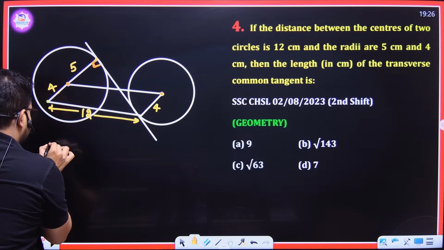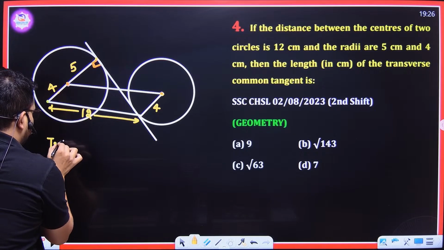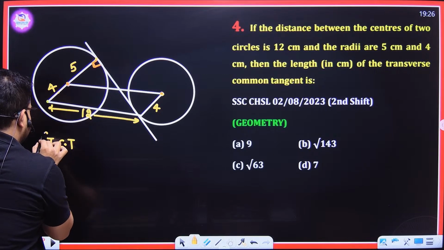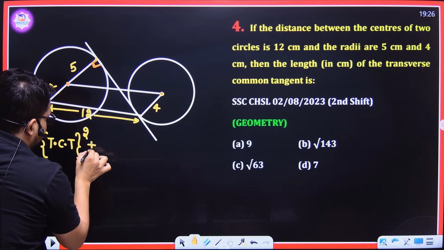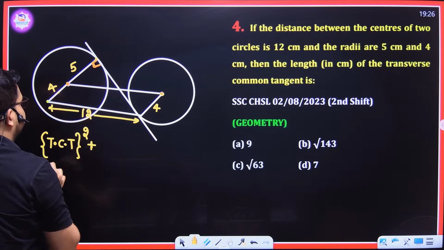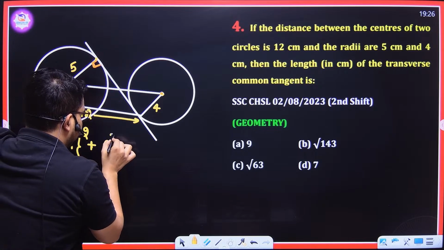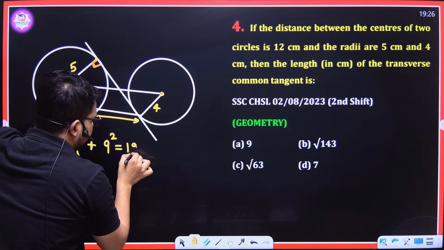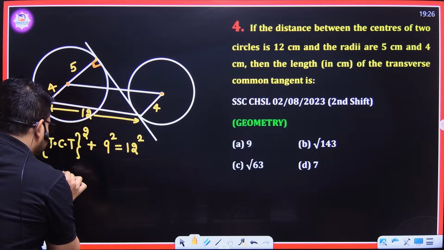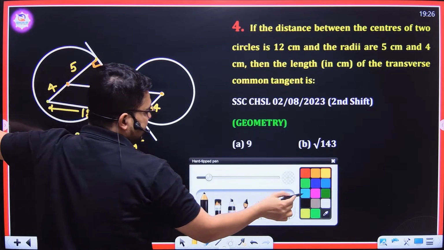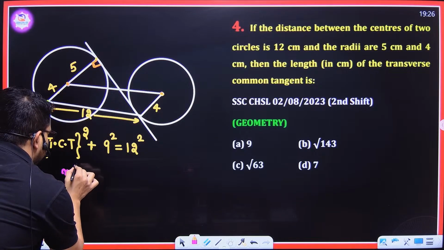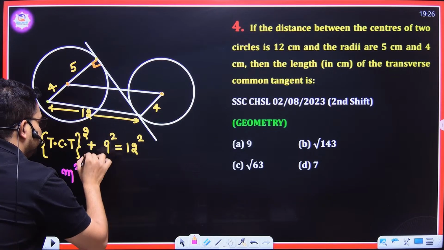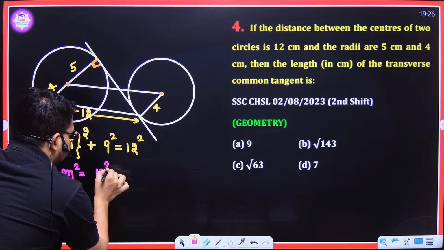So TCT square, the transverse common tangent square, plus this length, which is 5 plus 4, 9, squared is equal to 12 squared. Now I will denote this TCT as M. M squared is equal to 12 squared minus 9 squared.